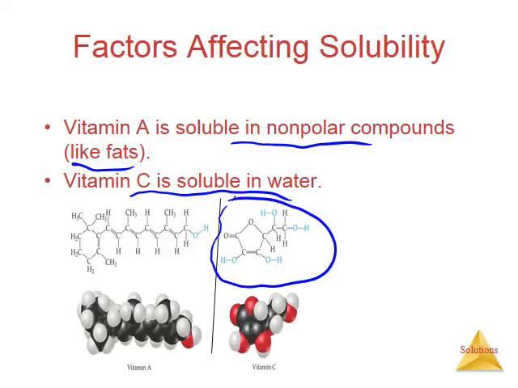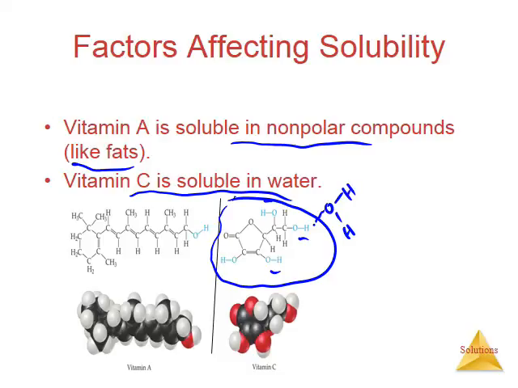If you look closely, there are quite a few OH groups, and since hydrogen is bonded to electronegative oxygen, each OH can contribute its hydrogen in hydrogen bonding with water. I'm just going to show you one of them. So this hydrogen can get bonded to water like this.